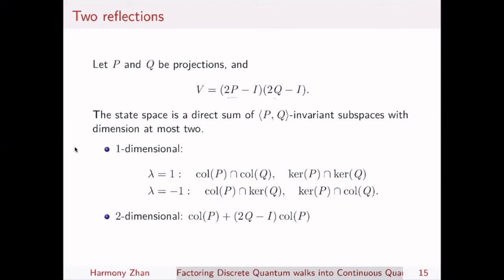What about the two-dimensional subspaces? Well, they all come from the sum of two vector spaces. And each of these invariant subspaces will give us eigenvectors of V that correspond to non-real eigenvalues.